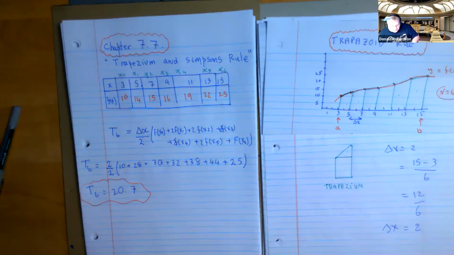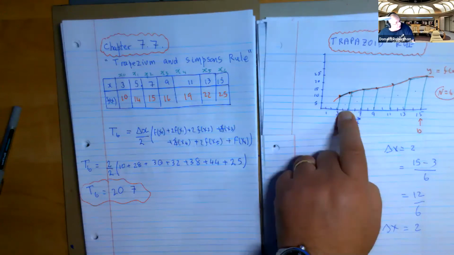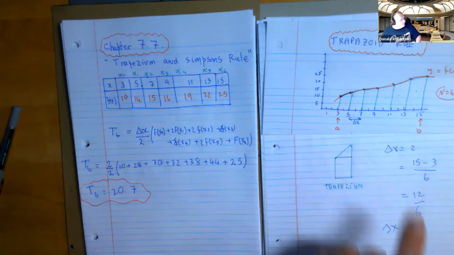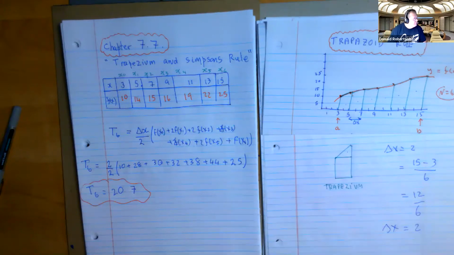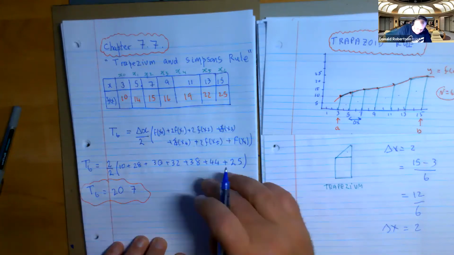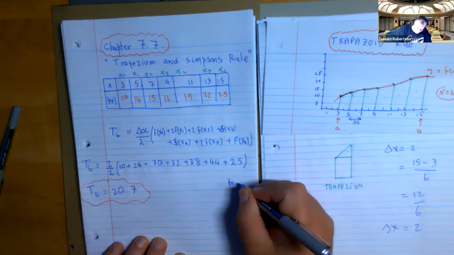Now, if I did a left or a right, I could have done, right? I could do an L6 or an R6. I could even have done a midpoint 6. And each one of them would be an estimate. But some estimates are better than others. So while we're here, let's show you from bad to good.